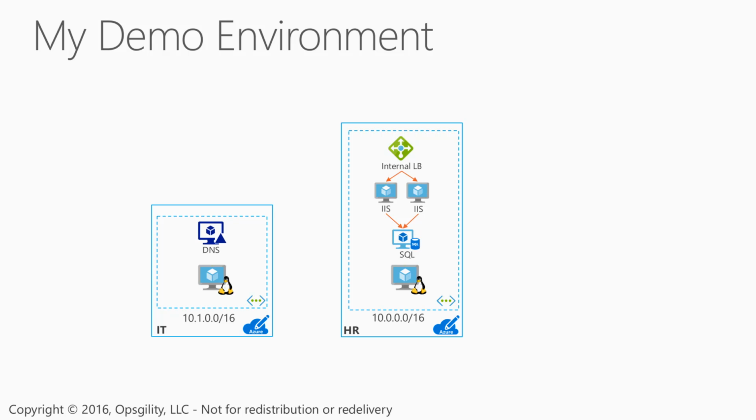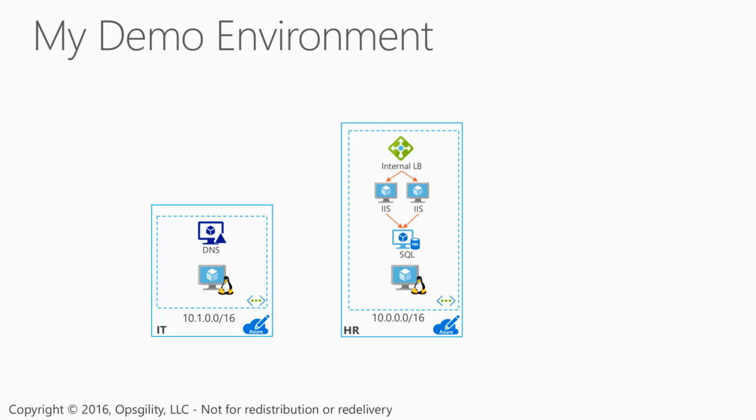Now, before I do, just to show you quickly about my demo environment, you can see here that I have two subscriptions. I have the IT subscription with a single virtual network, and in that virtual network there is a DNS server and a Linux VM.